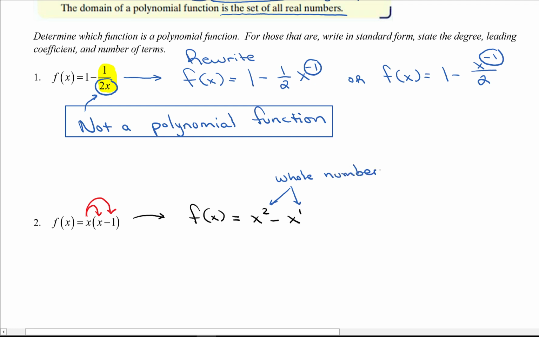Or you could refer to them the way the definition did, integer values that are greater than or equal to 0. And therefore, because those x's are in the numerators, we can say, yes, this is a polynomial function.